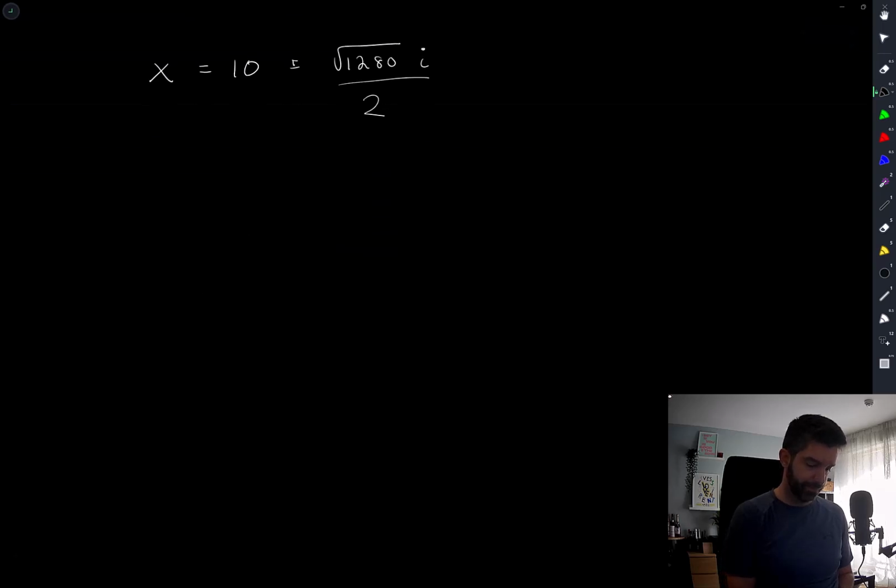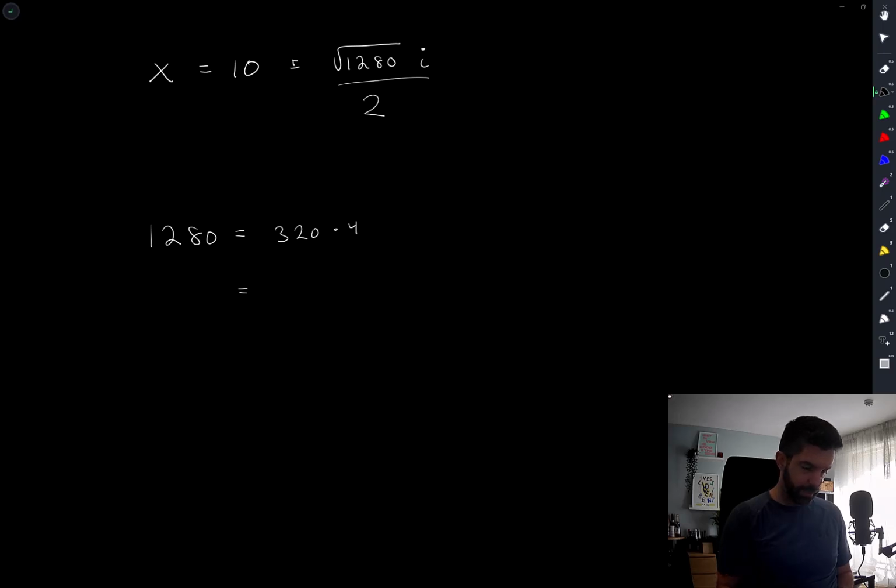Okay, 1280 is divisible. Looks like it's divisible by 4. 320 times 4.